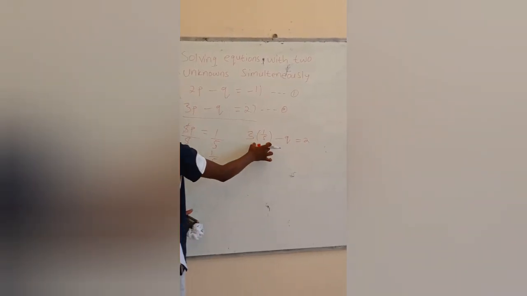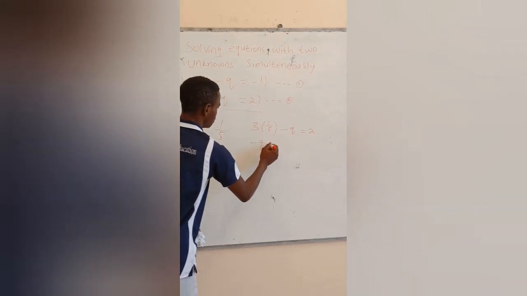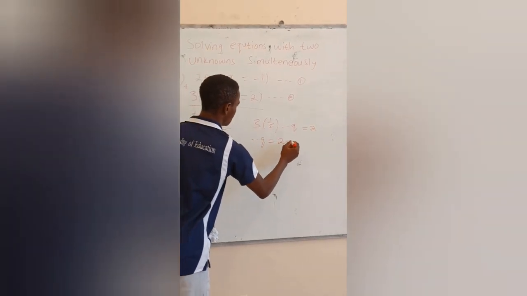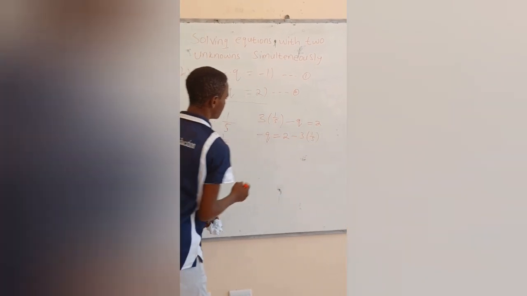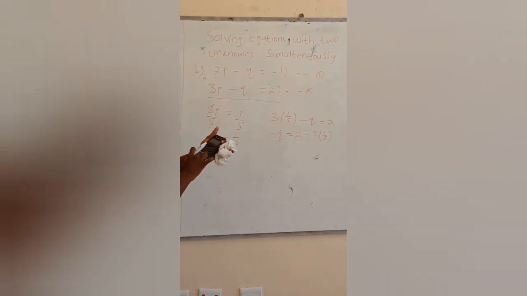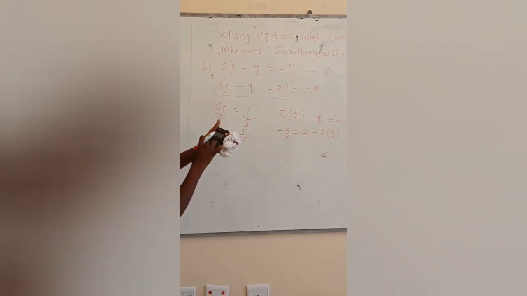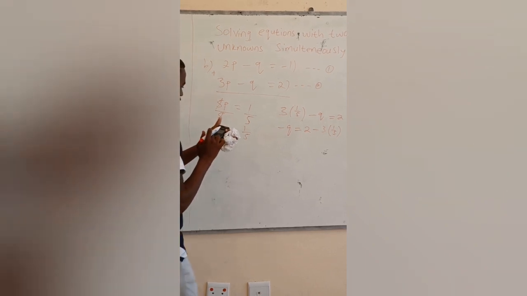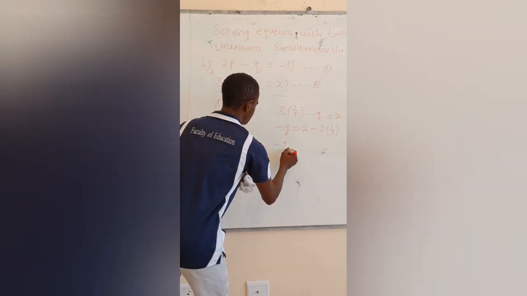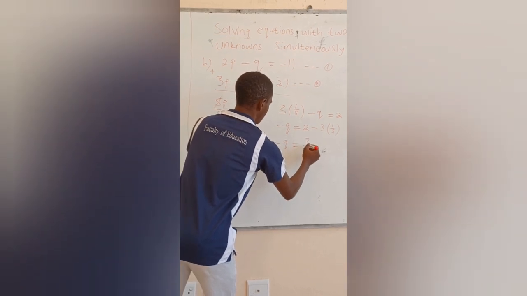Now, this one has to move to the other side. Here you'll be left with q equal to 2 minus 3 open bracket 1 over 5, so 2 minus 3 open bracket 1 over 5. Then q is equal to 7 over 5.